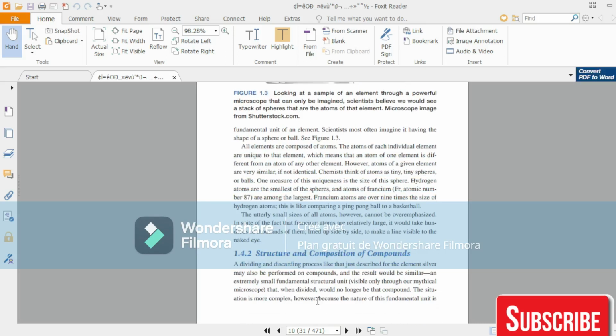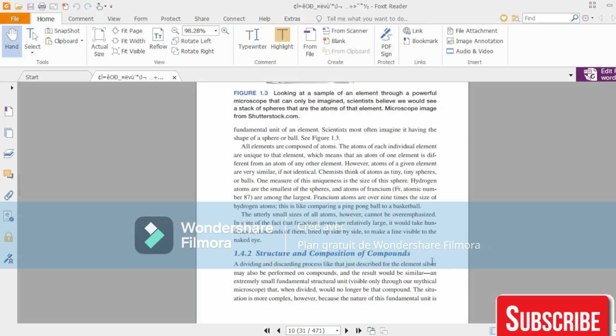For the structure and composition of compounds, a dividing and discarding process like that just described for the element silver may also be performed on compounds, and the result would be similar: an extremely small fundamental structural unit visible only through our microscope. But when divided further, it would no longer be that compound.